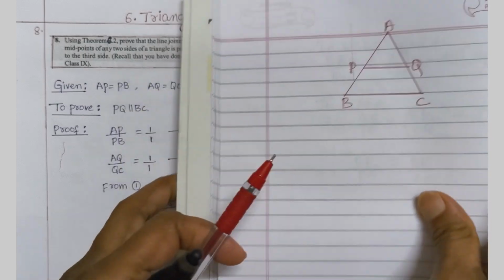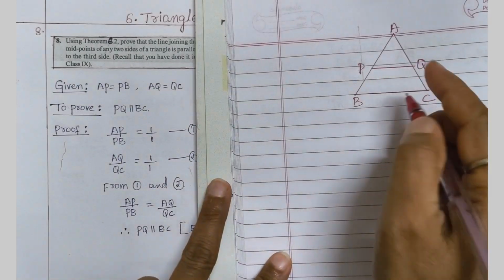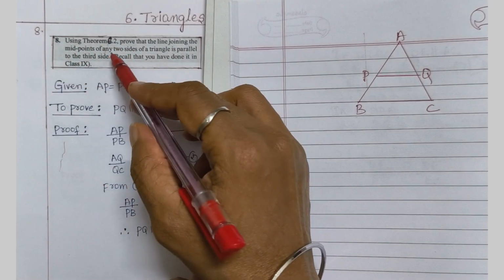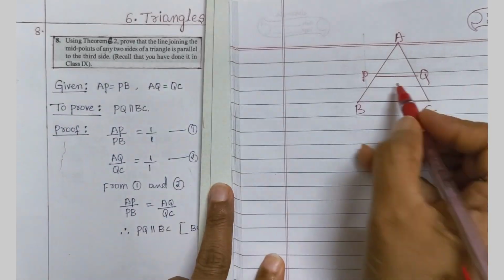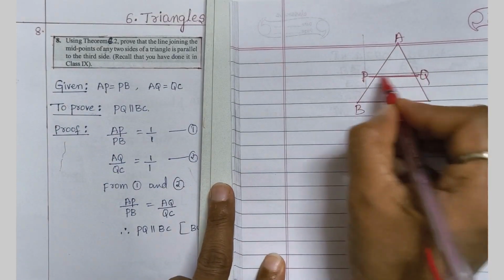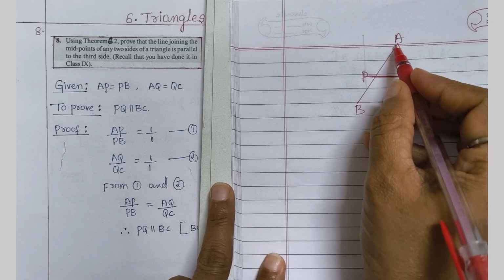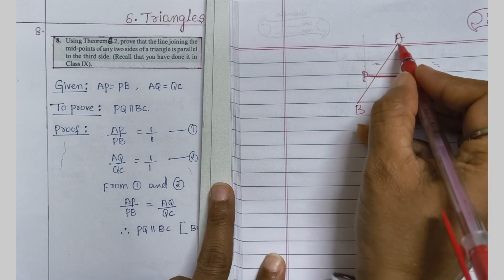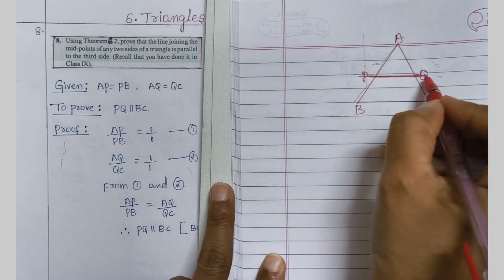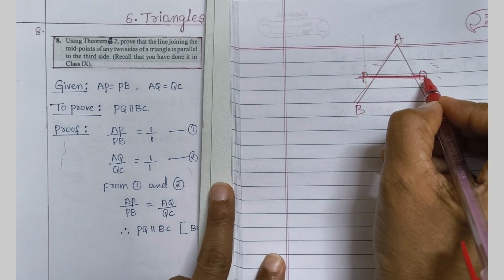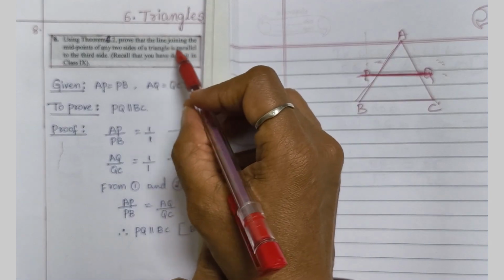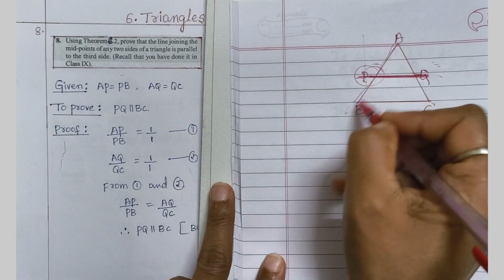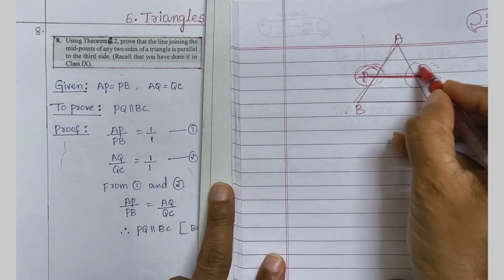Okay, see here, what is the question? I will explain. See here, one triangle is there, ABC. Prove that the line joining the midpoints of any two sides of the triangle is parallel to the third side. So one line is joining the midpoint of AB and the midpoint of AC.